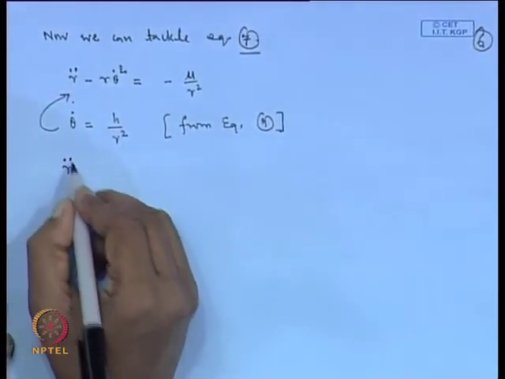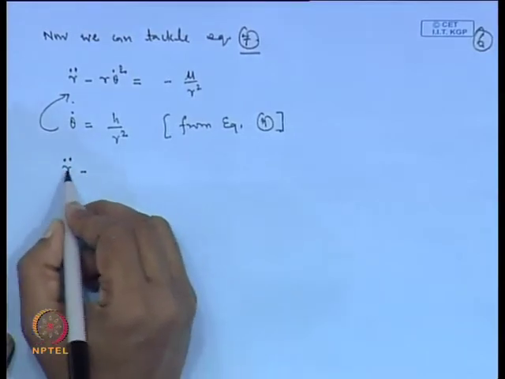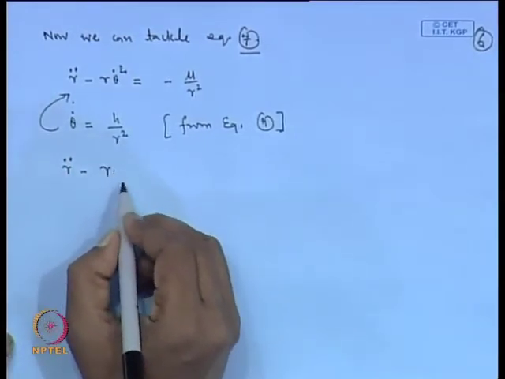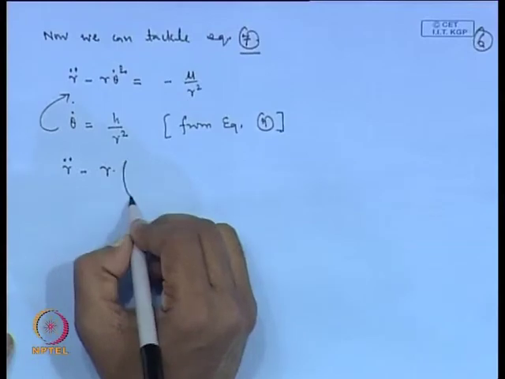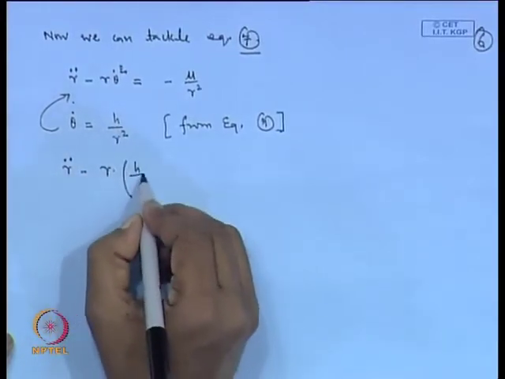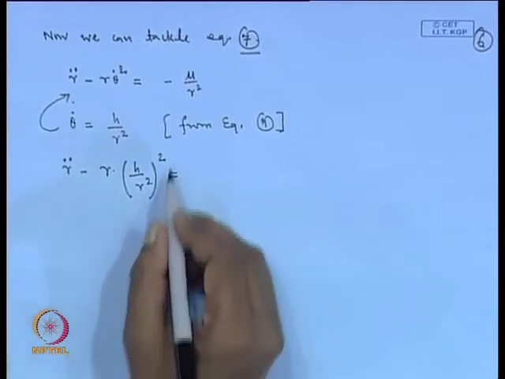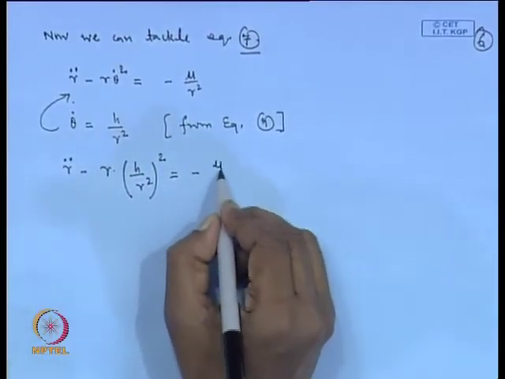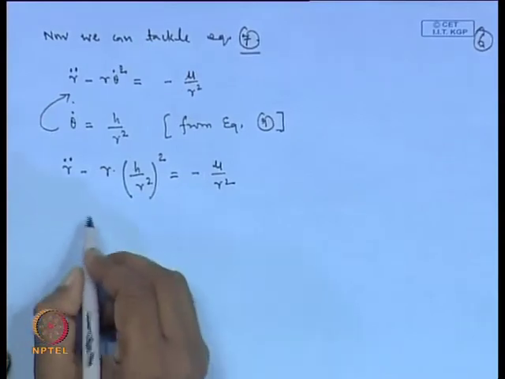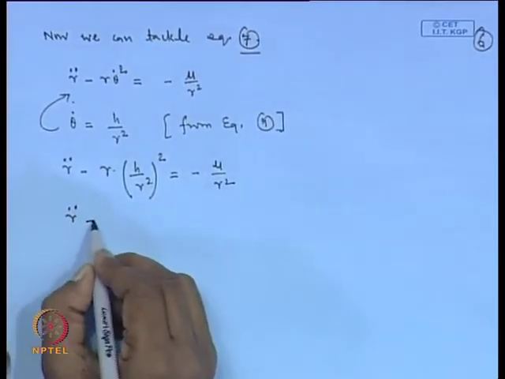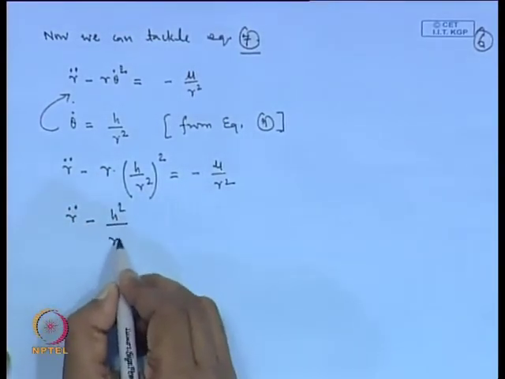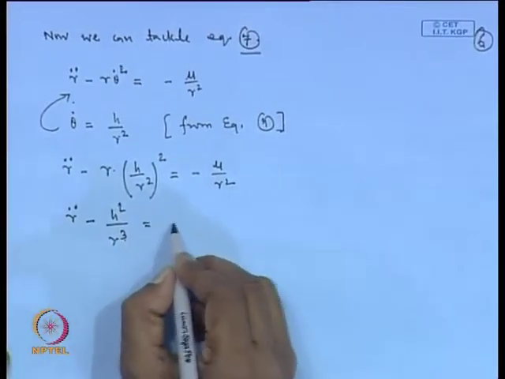This gives you r double dot times r times theta dot. So, inserting it, this will become r times (h by r square) whole square is equal to mu by r square, so r cube.